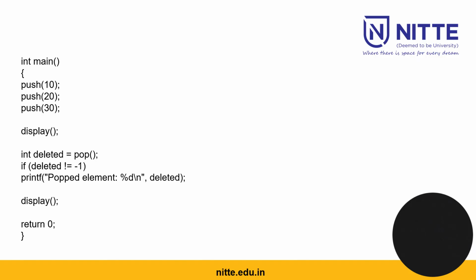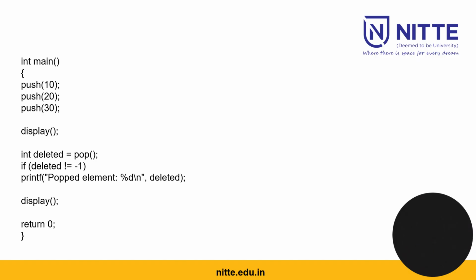Once the control comes to this line, the control goes to the pop operation. So where is the pop operation? We know that. The control goes there and it will check whether the stack contains any elements or not. But as we have already pushed these three elements, top will not be equal to -1.